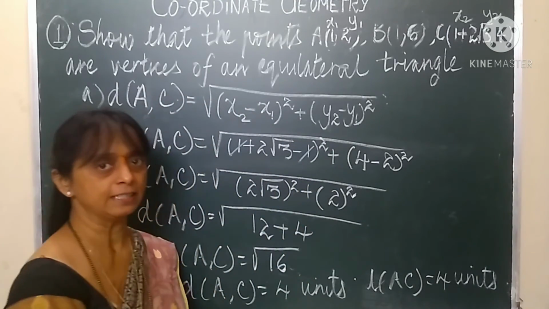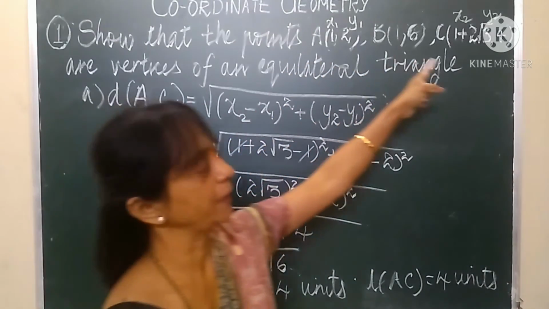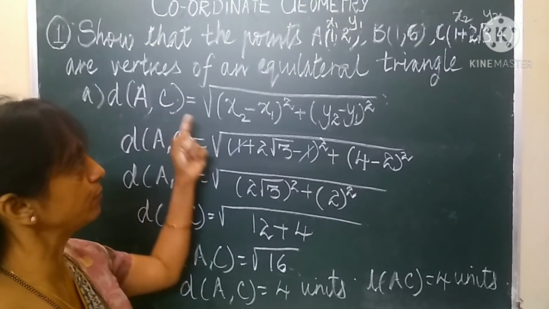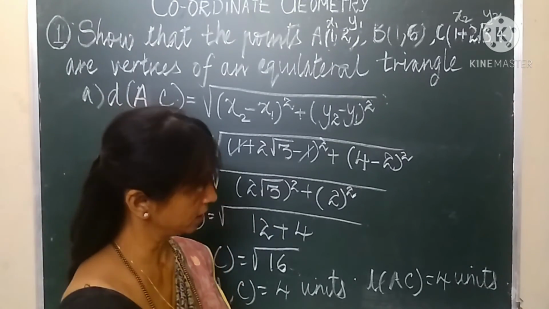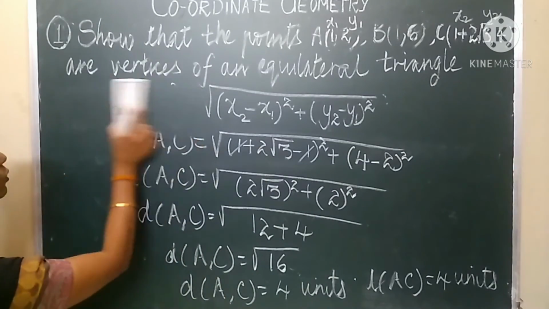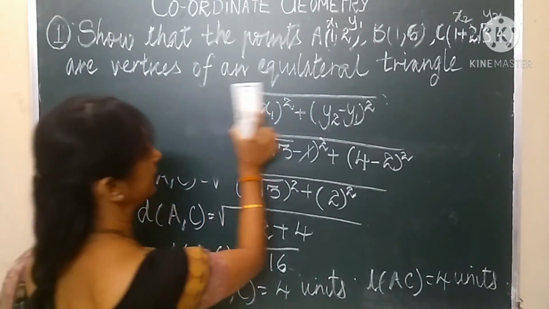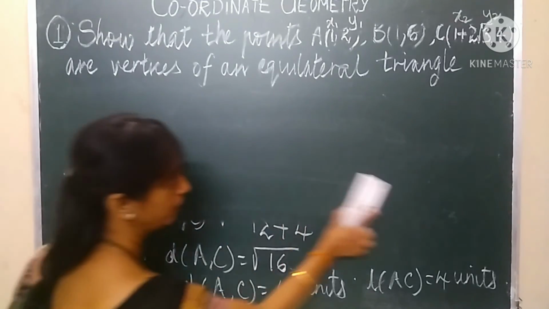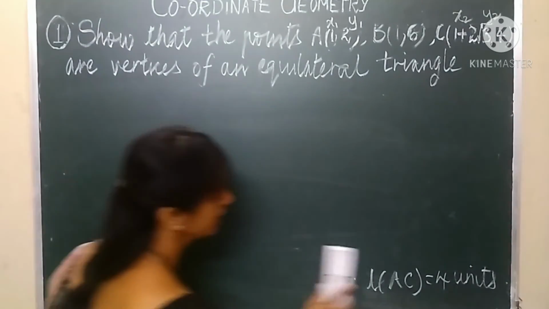So what did we see now, children? In the last pair, when we calculated the distance between AC, the answer was just the same, that is equal to 4 units. So what can we conclude? We can say that length AB is equal to length BC is equal to length AC.